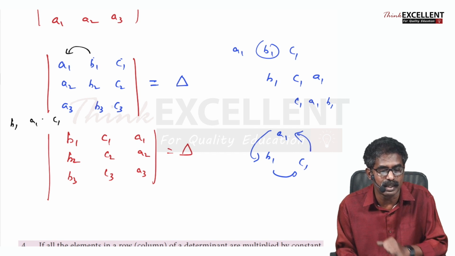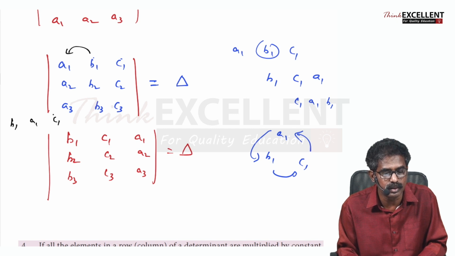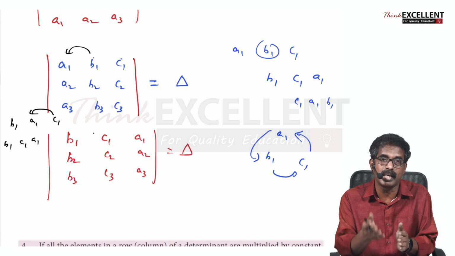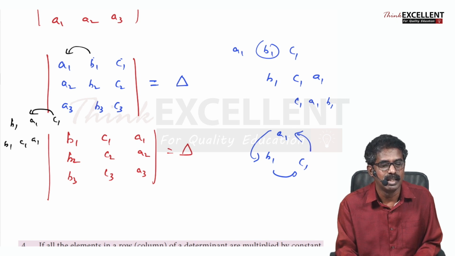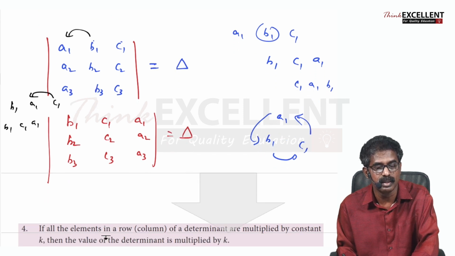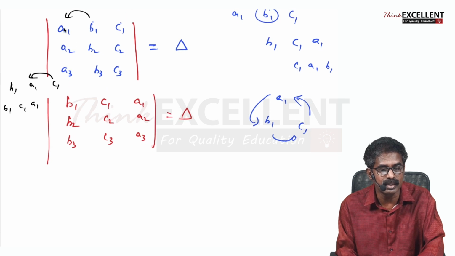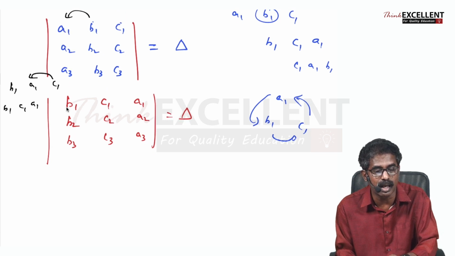So you will get a minus. Then C1 comes in the middle, so interchange these two: C1, A1. Yes, that is what you have. So two interchanges, minus, minus, becomes plus. Or you can start with C1.